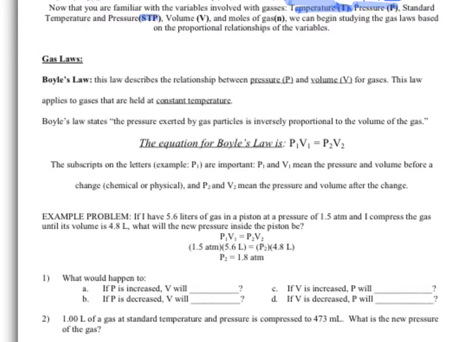So STP. Volume V. And moles of gas is N. That's the only thing that might seem strange to you. It's because we ran out of M's. The way to learn that one is, N equals the number of moles of gas.